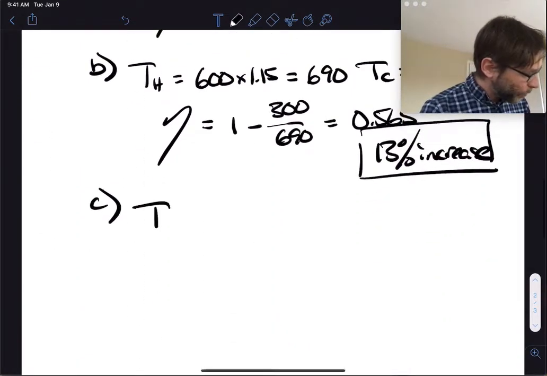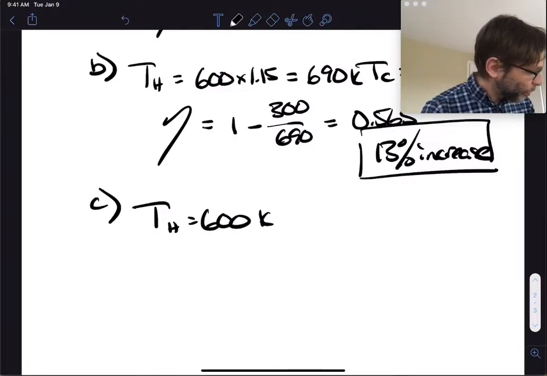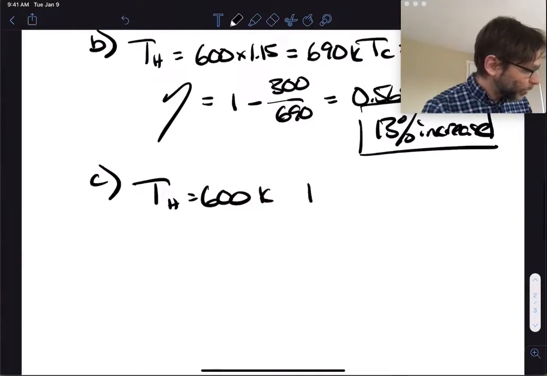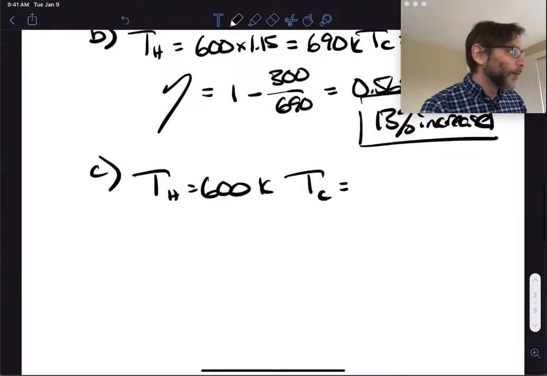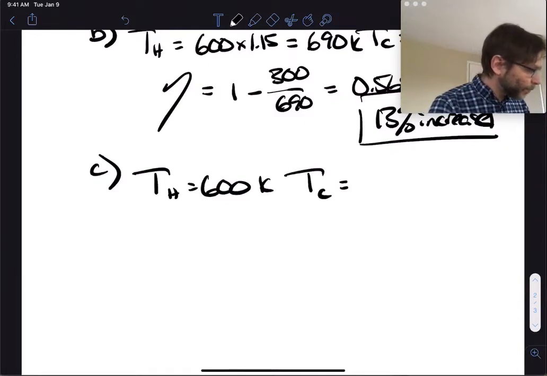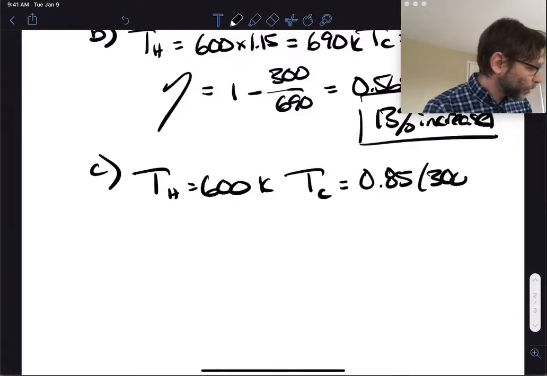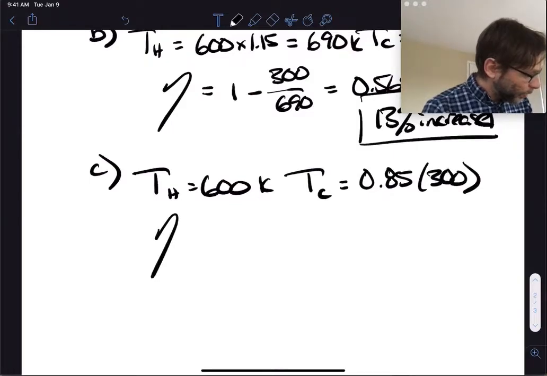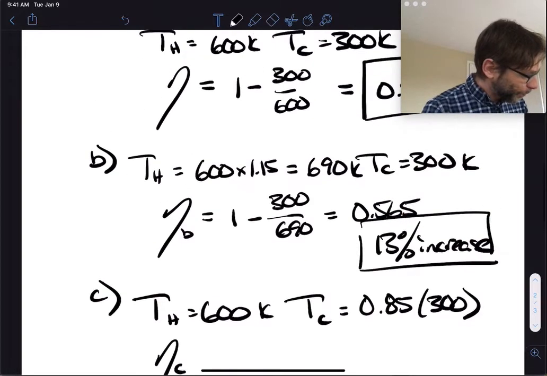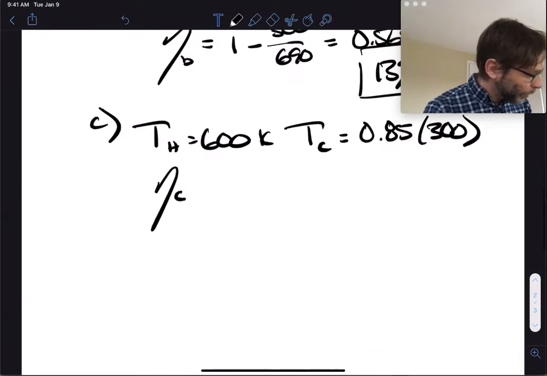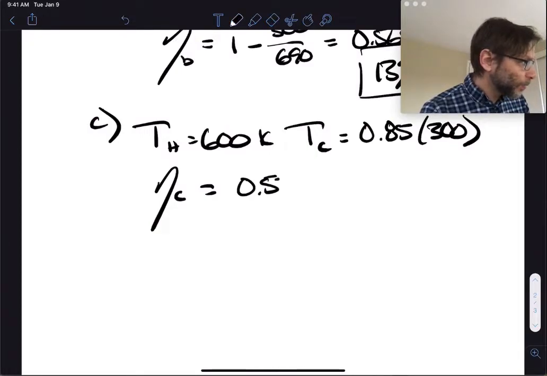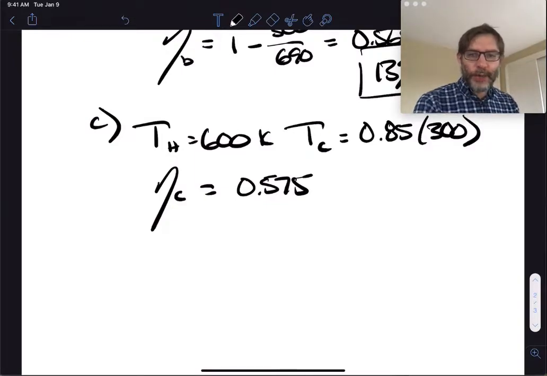So we have TH equals 600K, and TC equals 0.85 times 300, and this ends up getting, so we'll just call this B and C and A, 0.575. So we've increased the thermal efficiency by making the TC colder.